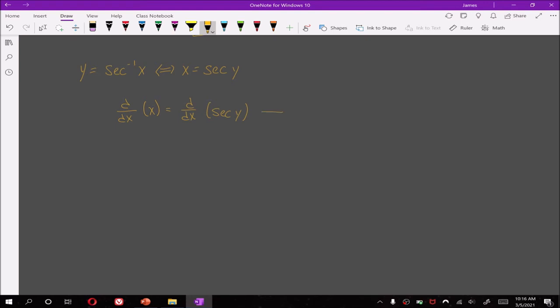So 1 will equal secant of y times tangent of y times dy/dx. And so dy/dx we find is 1 over secant y times tangent y.